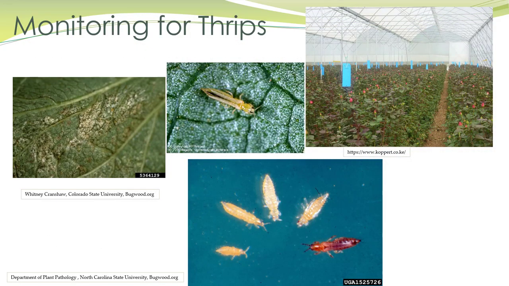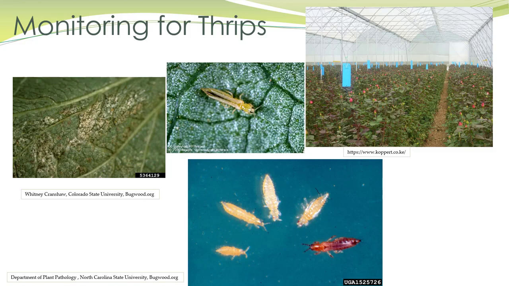So monitoring for thrips, first of all, you can see here some damage on the left. This is on a bean leaf. They have rasping, sucking mouthparts. So they are actually sucking juices as they're tearing tissue, and sometimes you'll get a silvery appearance of the leaves.